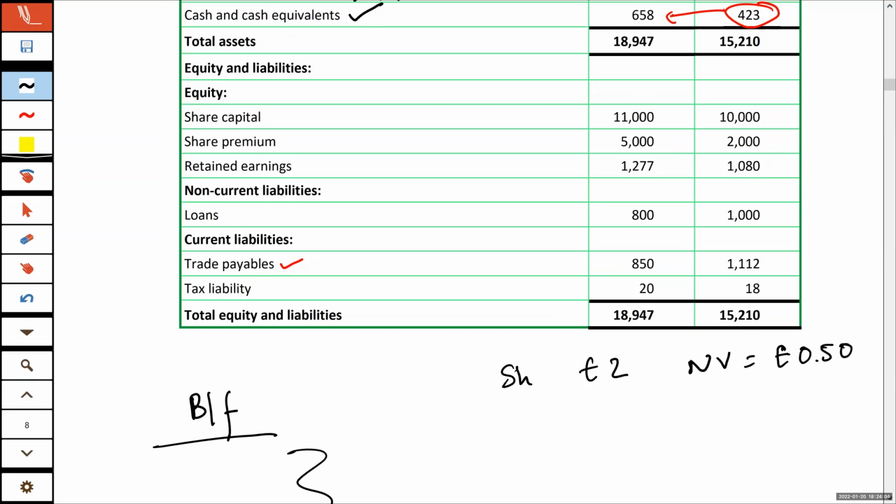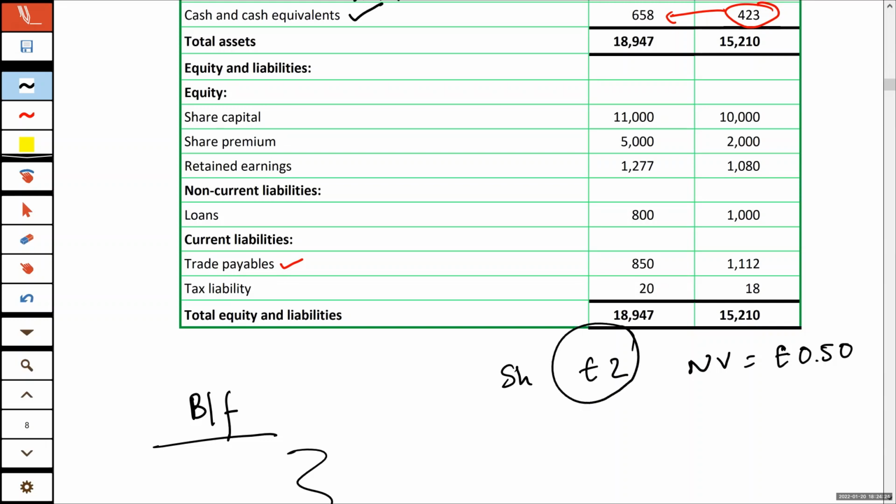If that's the case and you sold one share, what would be your double entry for it? Because double entry is really important for cash flow to understand why we're doing what we're doing. What's the double entry for issue of shares at £2?